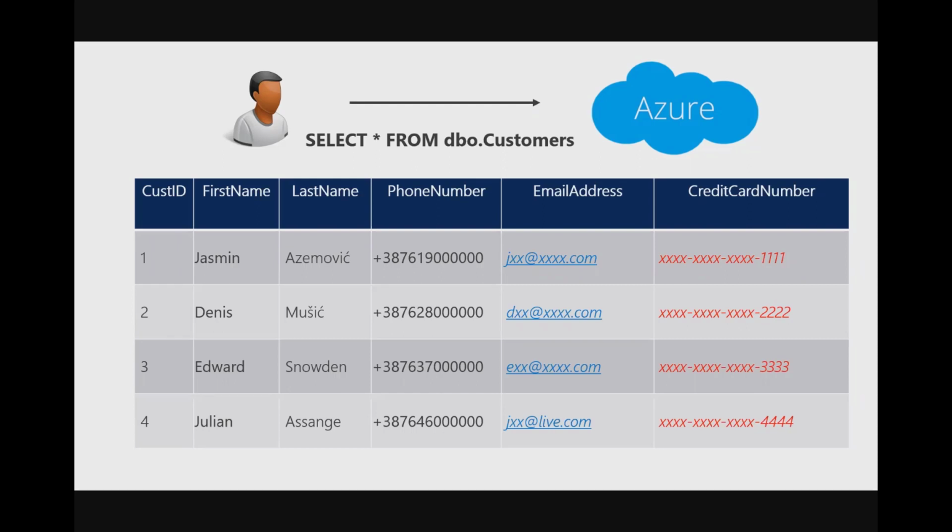Of course, this is not protection from a malicious admin, but it can protect privacy on the user side. If an operator needs to see some of this data, we can later implement a feature in the application. I can click on the email and it will show to me, but I will have a record that operator Janeway, Captain Janeway of the Voyager, actually saw the email from Jasmin Azemović.